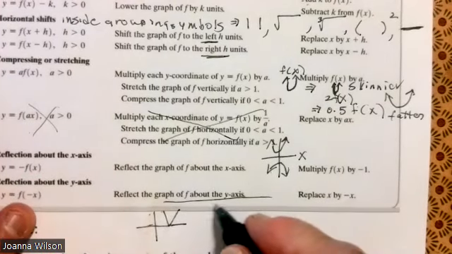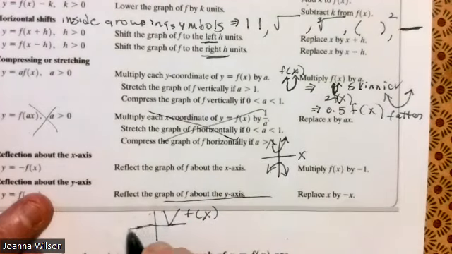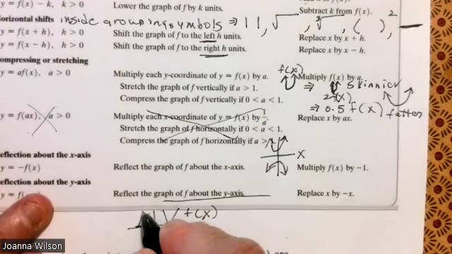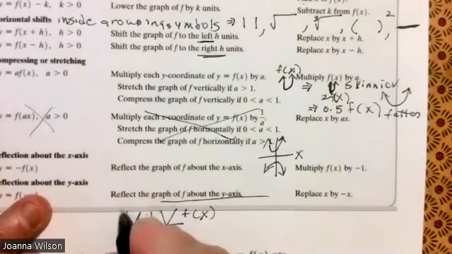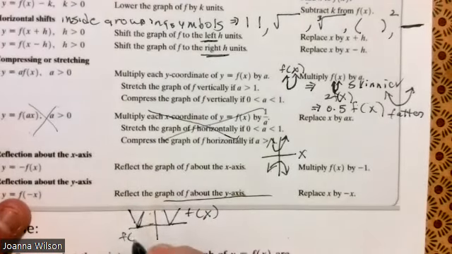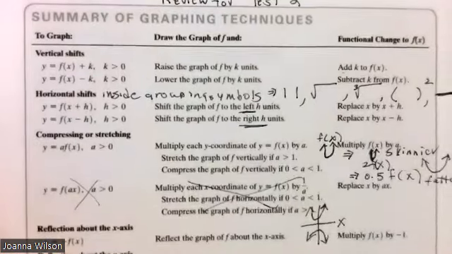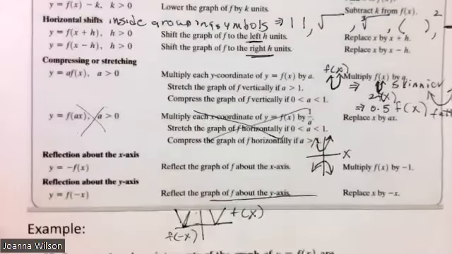And that's f of x, then if we're going to reflect across the y-axis, it's going to look like this, something like that. And so that's going to be f of minus x. Okay, so those are the transformations that we have, and you have to understand them. And stop me if you have a question.